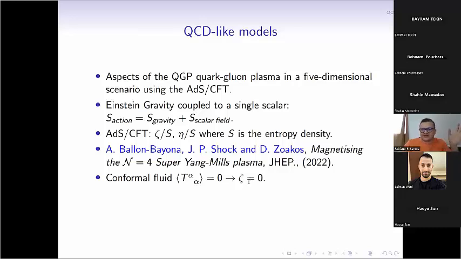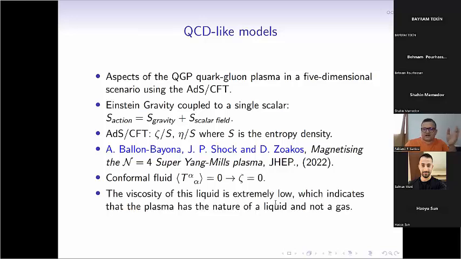And it's very interesting because we have a conformal fluid. But this conformal fluid implies that the energy-momentum tensor is traceless, and this implies that the bulk viscosity is zero.